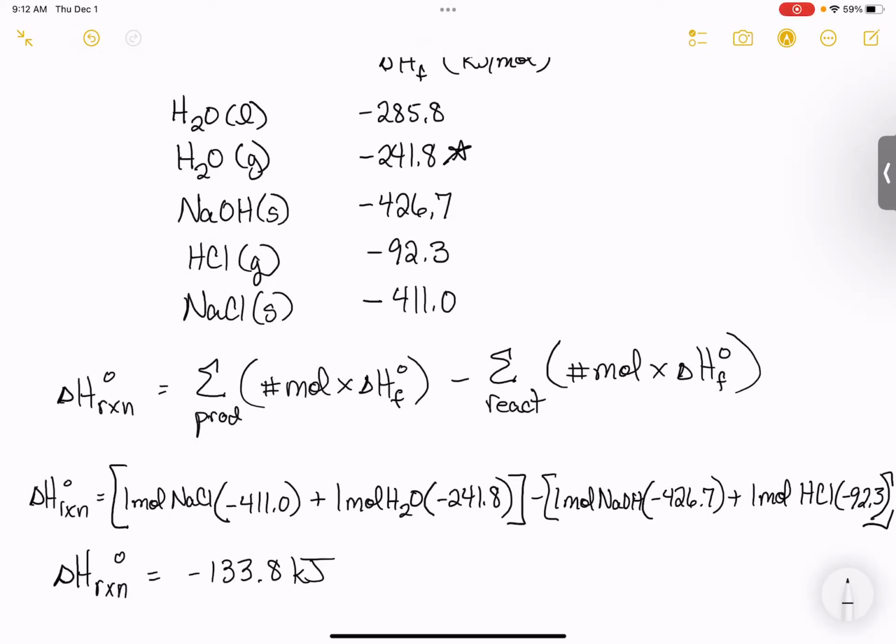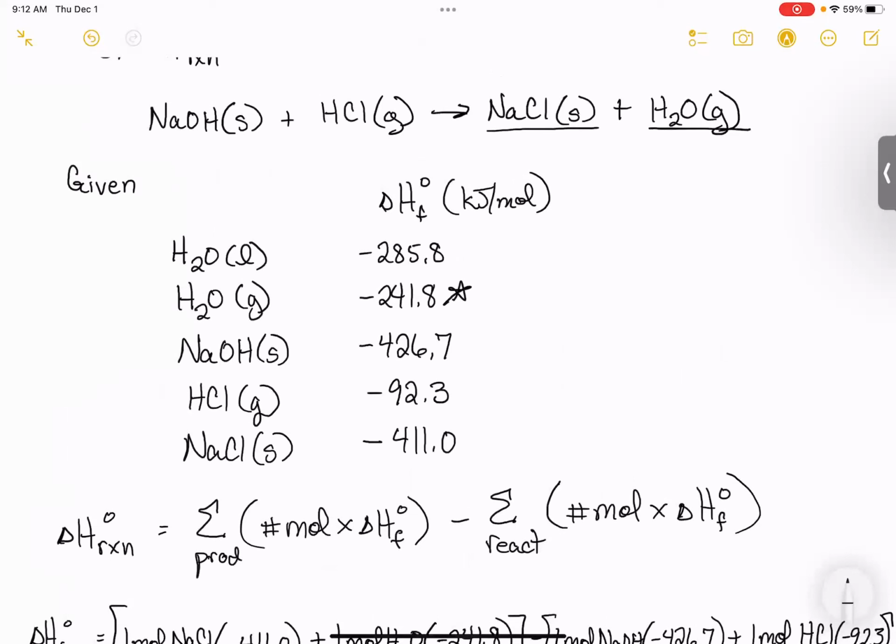So you're just multiplying the number of moles. Now, if I'd had 2 moles up here, I would have multiplied it by 2. But because all of my coefficients were 1 in this particular case, they're all multiplied by 1. So it depends upon what the coefficient is.